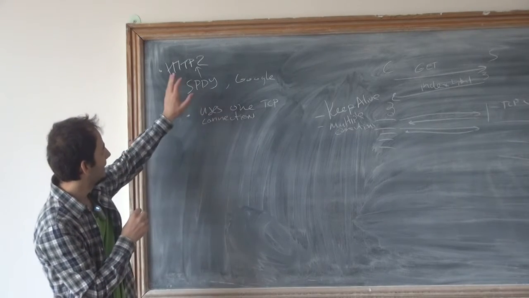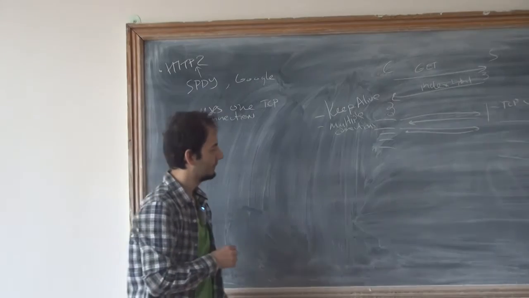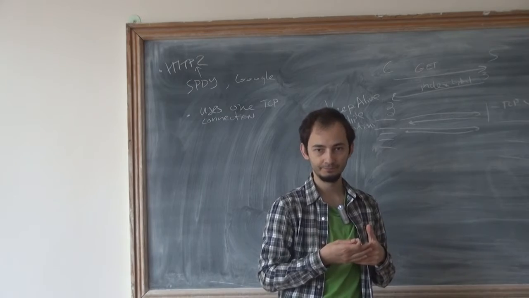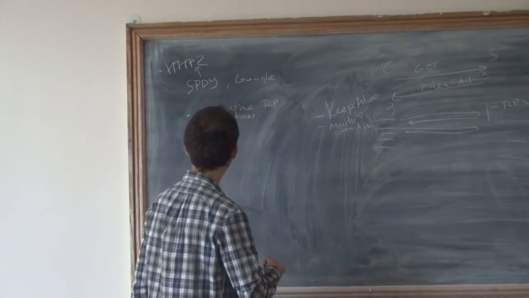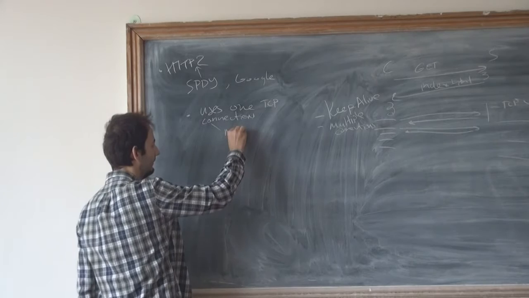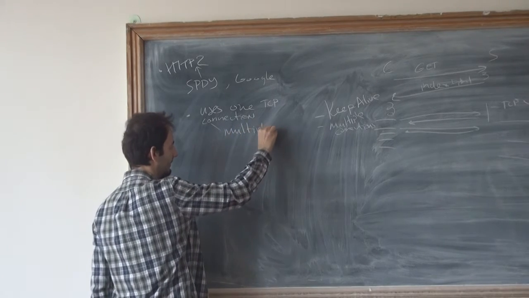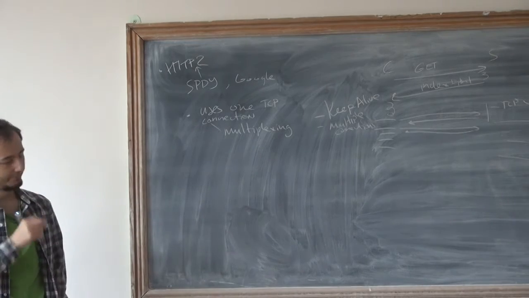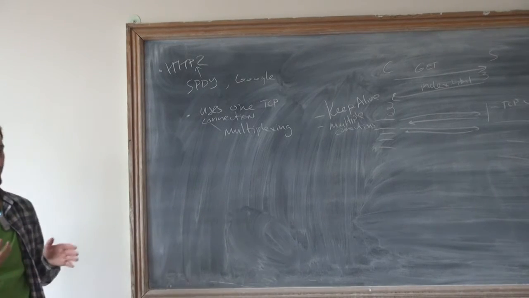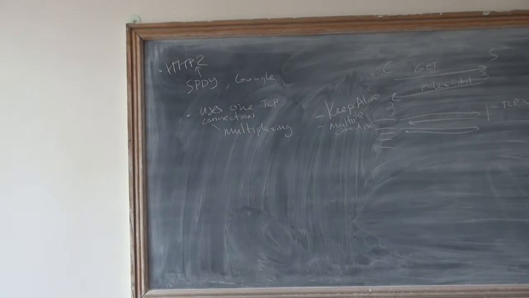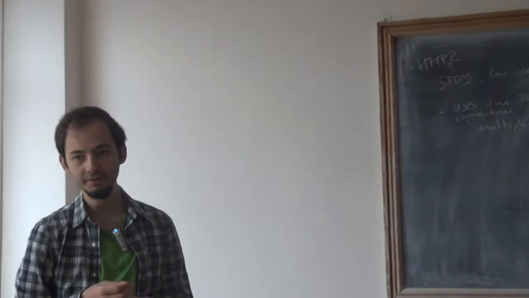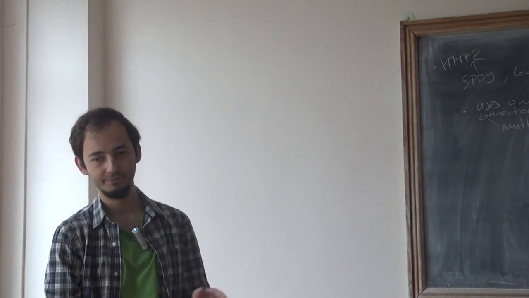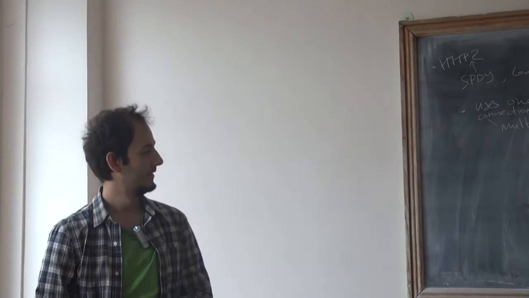So, in contrast, HTTP2 uses a single pre-established connection. I don't remember the official terminology for it, but if anyone has worked with a protocol known as AMQP, you have multiple channels over one single connection. So that's what HTTP2 does.